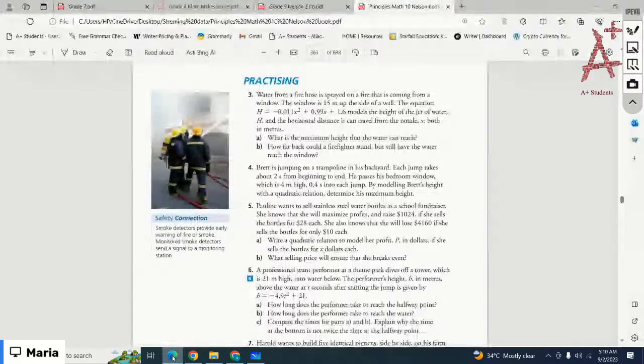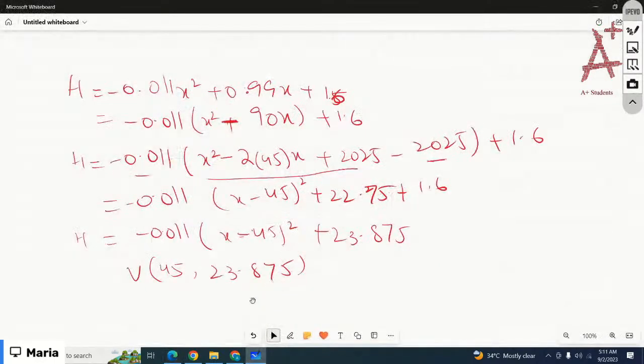Okay, the next one is part B: how far back could a firefighter stand but still have the water reach the window? You have to substitute, because the window is 15 meters up, so you have to put h equals 15, right?